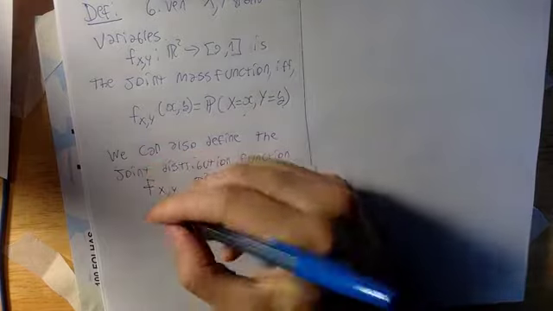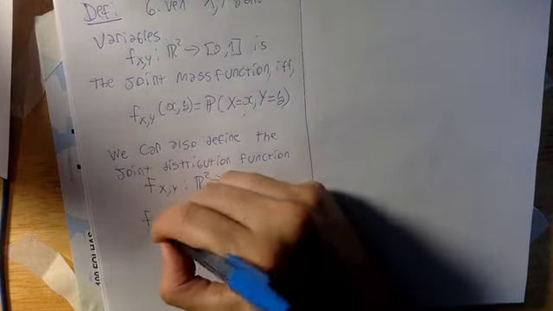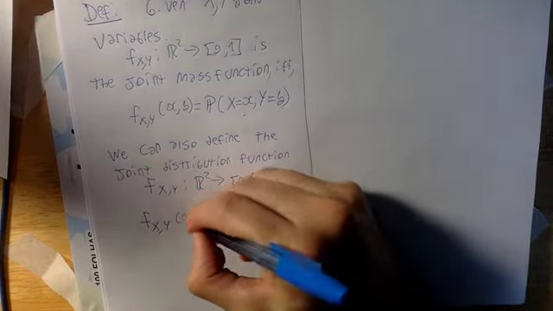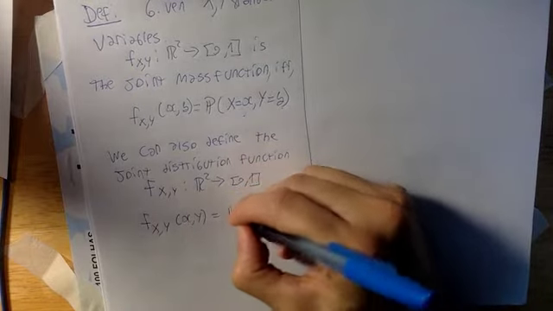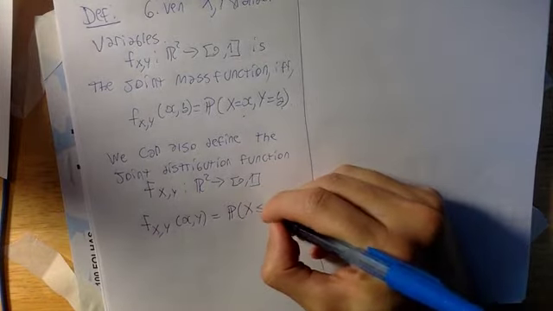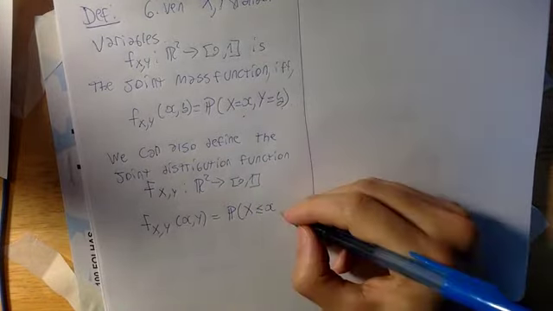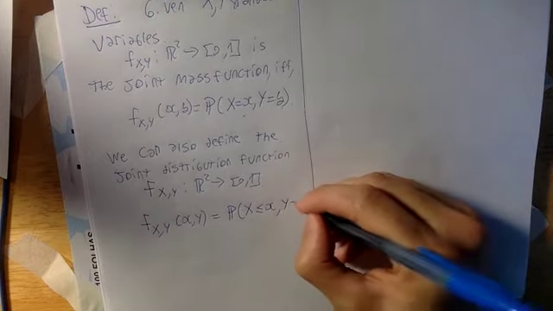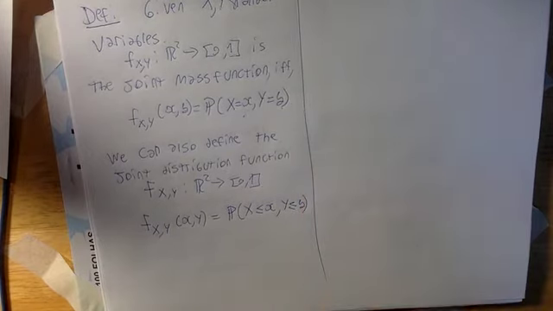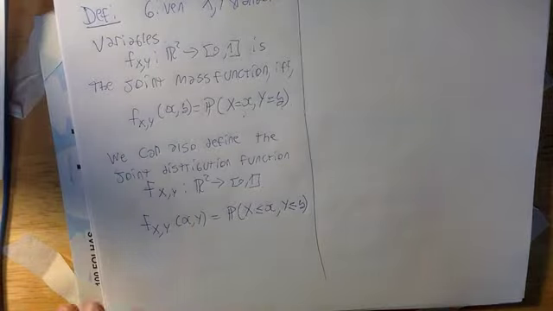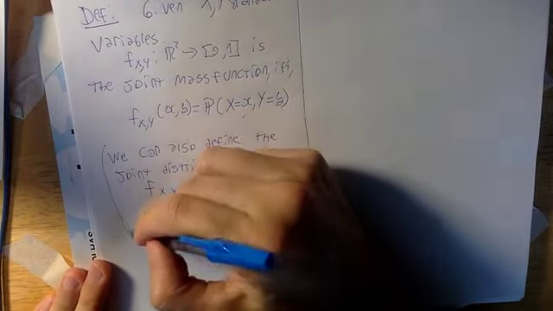In this case, we define it by F of x, y at little x and little y is equal to the probability that capital X is less or equal than x, and capital Y is less or equal than little y.